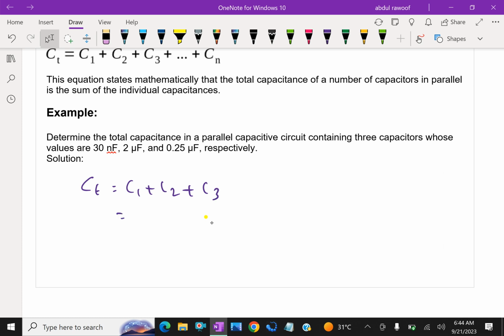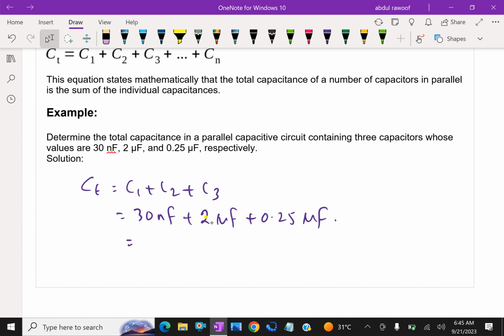So C1 is 30 nanofarad plus 2 microfarad plus 0.25 microfarad.